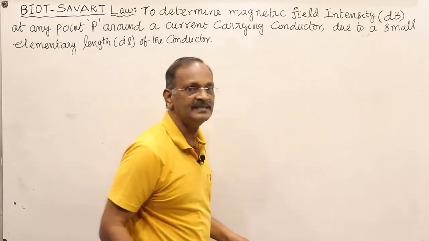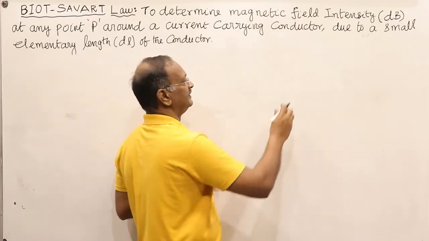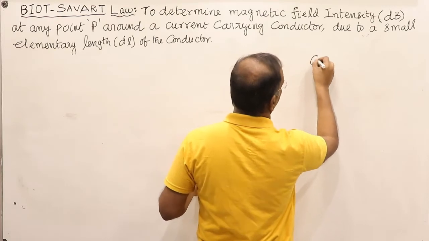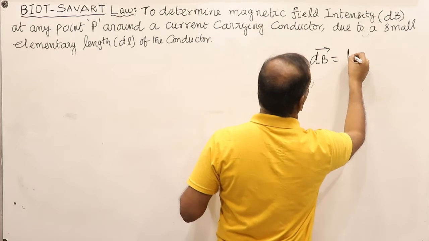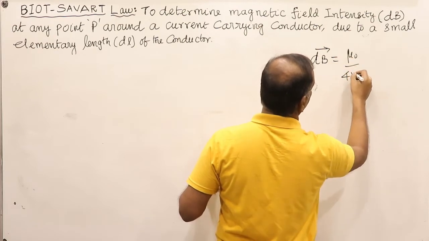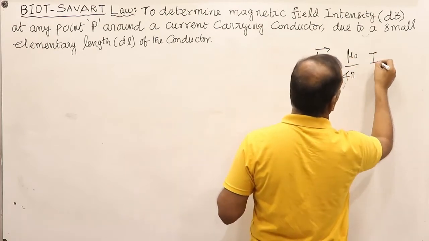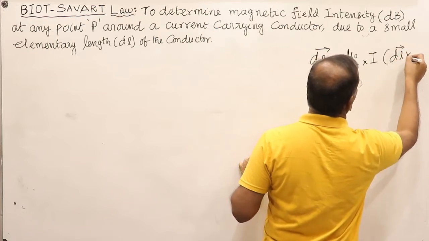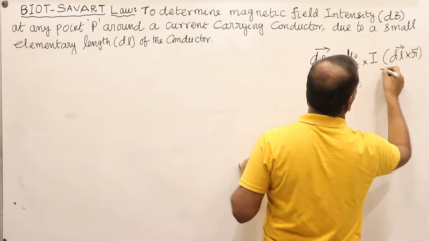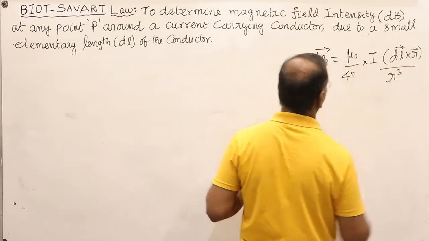See, dB vector is equal to mu naught by 4 pi into I into dl vector cross r vector divided by r cube.